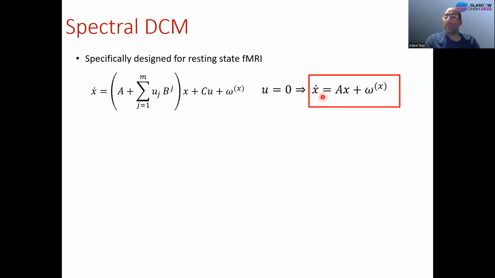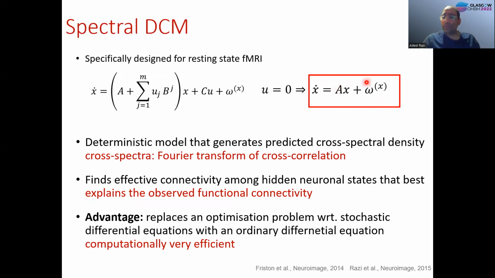Where we have X dot equal to AX plus some neural fluctuations. This system of equations is slightly simplified. What we did is that instead of solving the system of equations in the time domain, we use a trick where we take all of this into a Fourier domain or a spectral domain, and we solve this system of equations in the frequency domain.